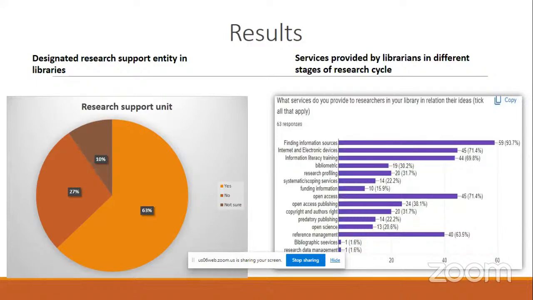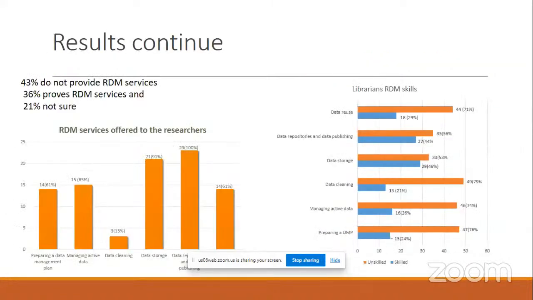And more importantly, which is a major concern, only one participant reflected that they offer research data management services. We prompted librarians to determine whether they provide research data management in detail. According to our participants, the majority do not provide research data management services.